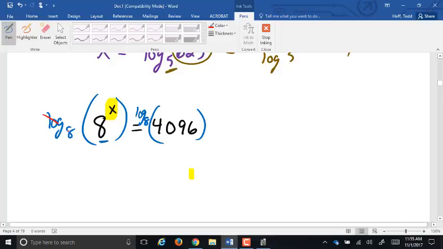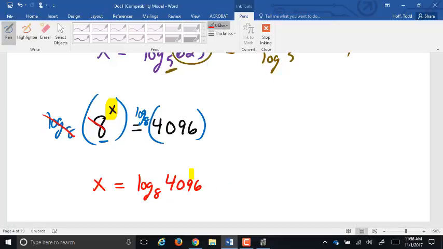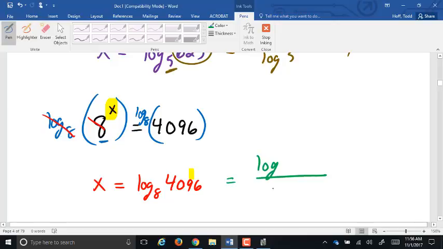So again, the log base 8 would cancel out the base of 8 in my exponent, giving me x equals log base 8 of 4,096. So we have to use that change of base formula. So we've got log over log, what number goes on top? 4,096, and on bottom will be log of 8.